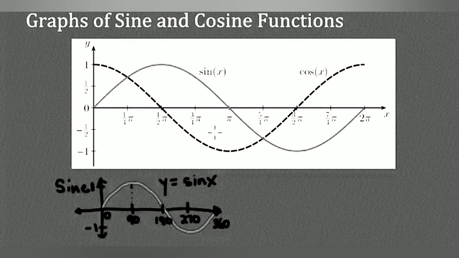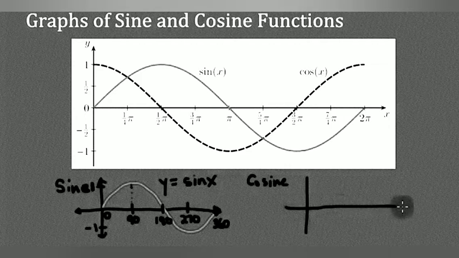All right, let's now take a look at not the sine curve anymore, but now let's take a look at the cosine curve. Cosine. All right, so I'm going to draw a similar looking picture over here on the right side.